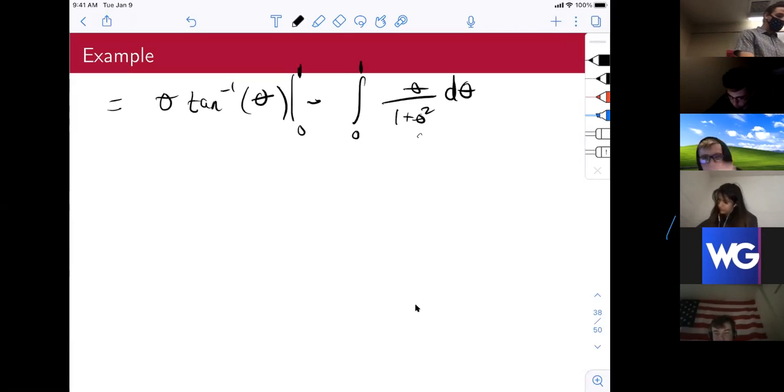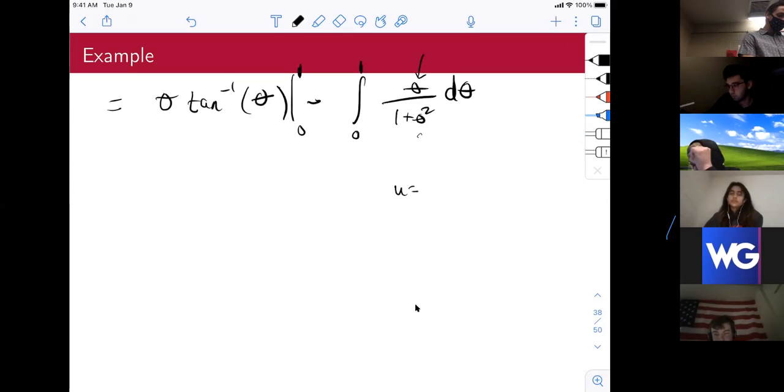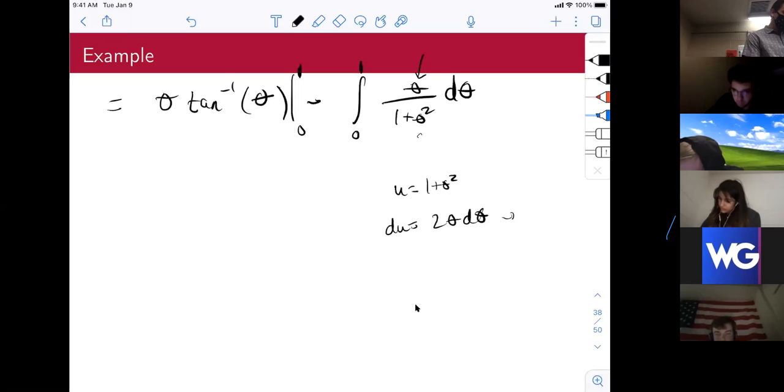Well, notice that theta is 1/2 times the derivative of 1 plus theta squared, right? So this integral will just be a U substitution. If I let U be 1 plus theta squared, then du is 2 theta d theta, or in other words, theta d theta, which is what we have left here, is 1/2 du.